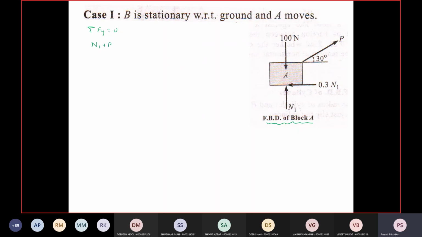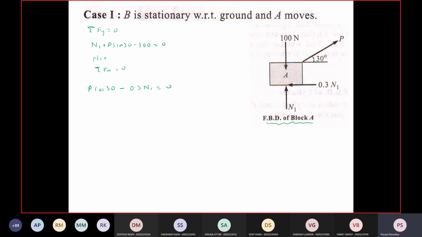So N1 plus P sine 30 minus 100, and summation Fx equal to 0. P cos 30 minus 0.3 into N1 is equal to 0.